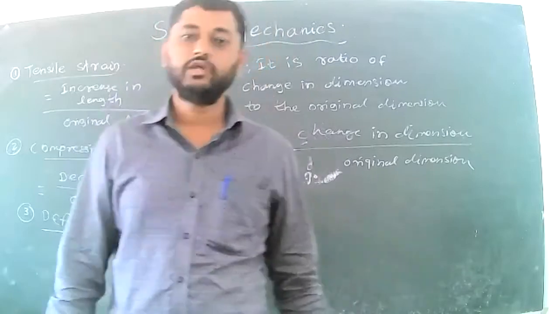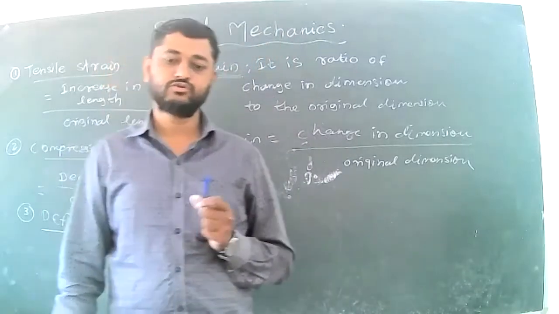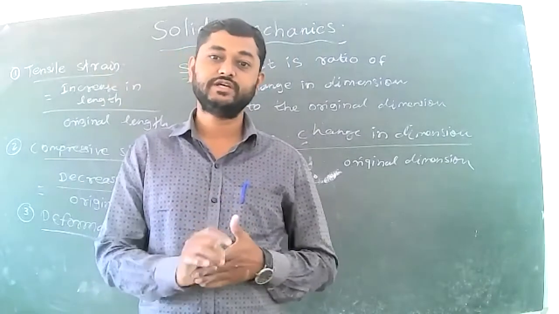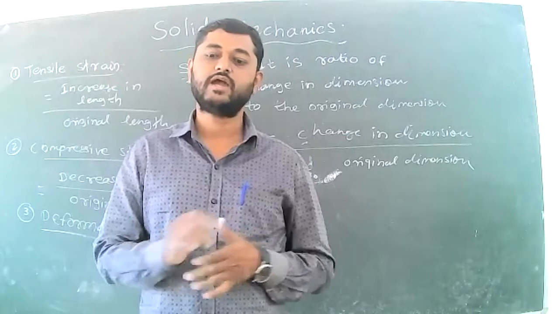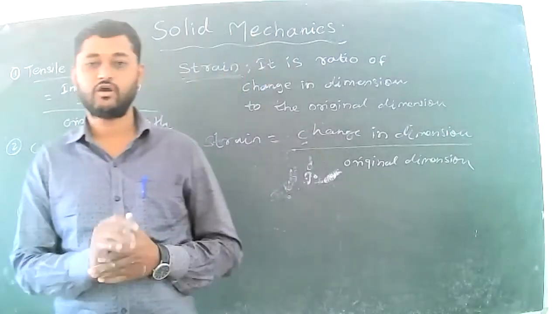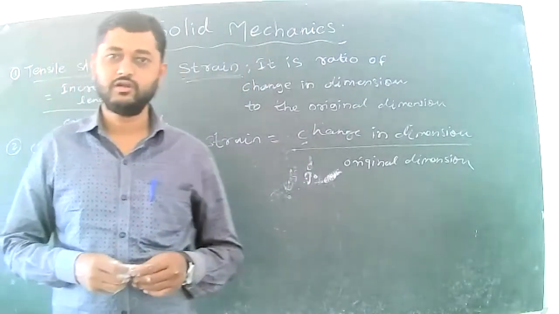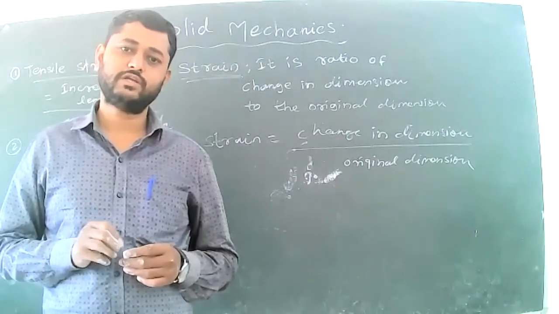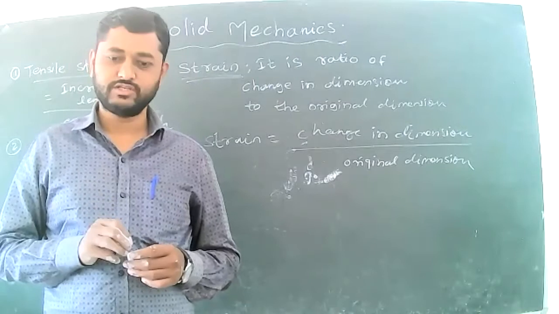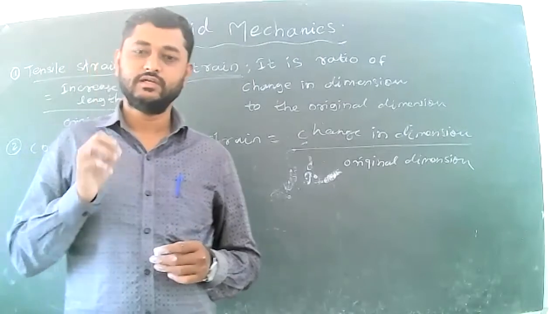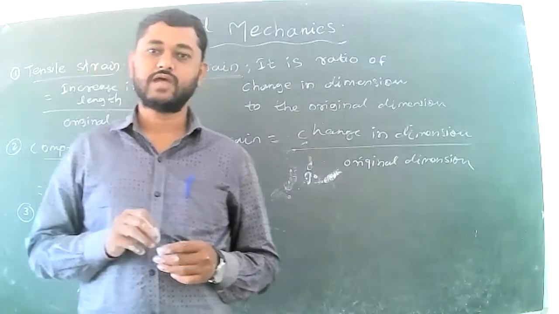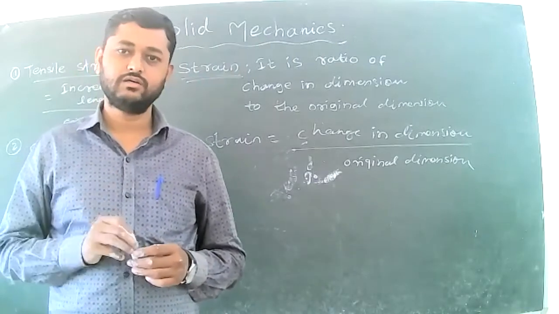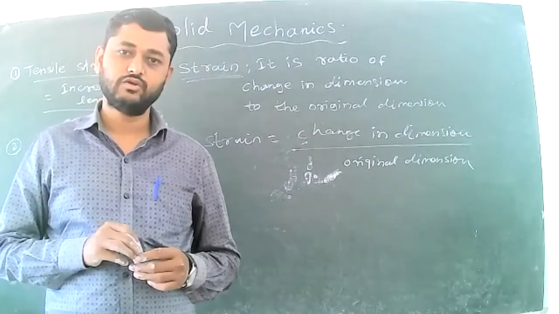Deformation is nothing but when the body is subjected to some external forces, it undergoes changes in its size and shape, which is known as deformation. So these are the three types of strength.